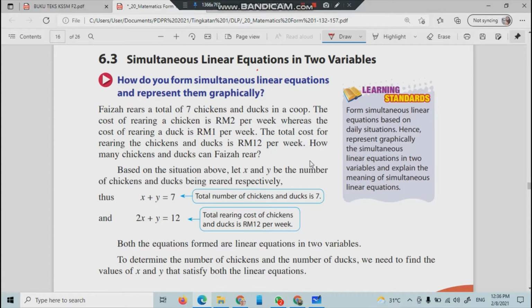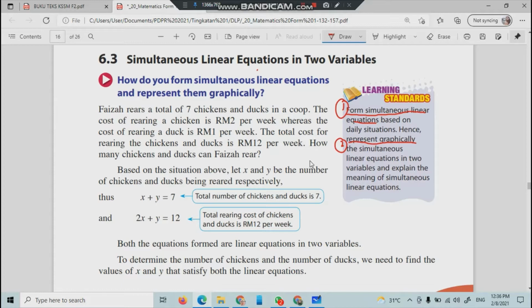We need to know how to form simultaneous linear equations based on daily situations, hence represent them graphically. And third, explain the meaning of simultaneous linear equations.